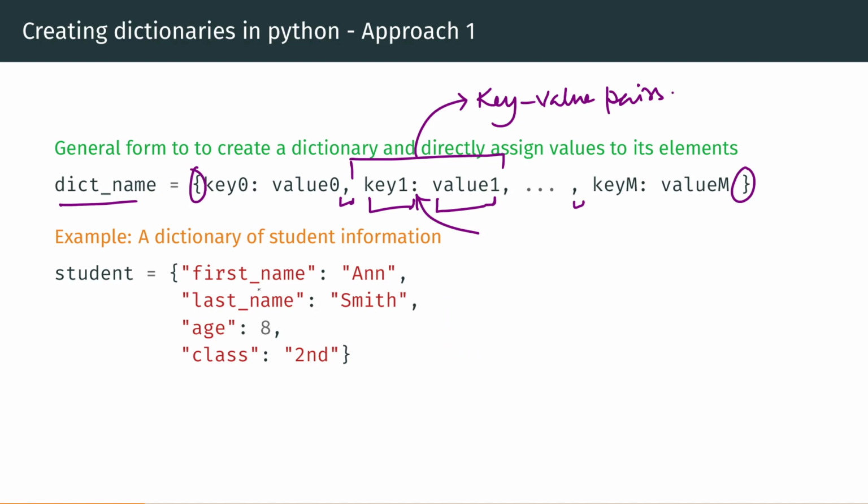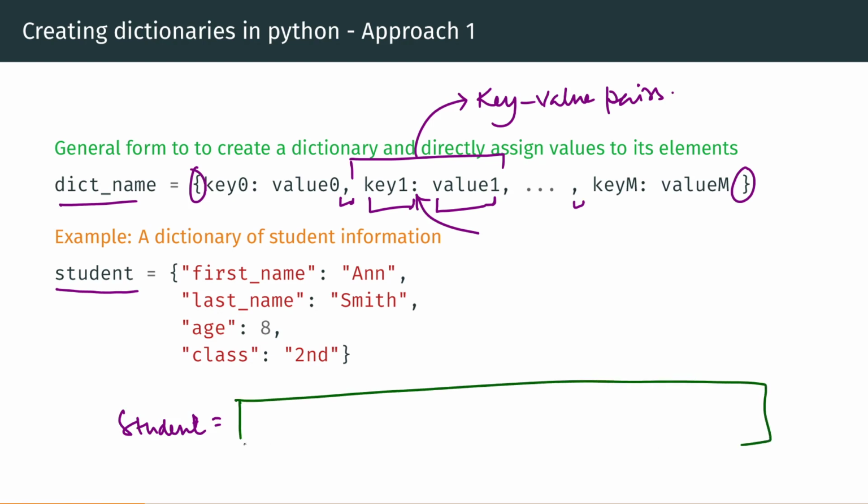So the example here creates a dictionary of student information, okay? The dictionary is called student, okay? So if I had to draw it, it would be something like this. So the dictionary is called student. That's the name of the dictionary, right? As you can see, it has 4 items, right? So it will have 4 items, okay?